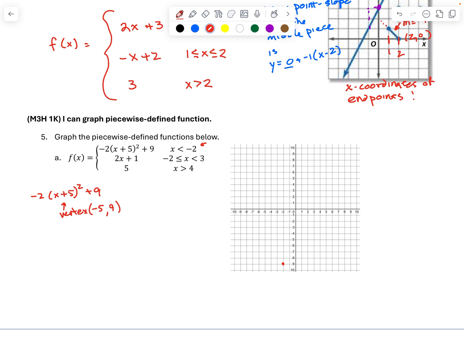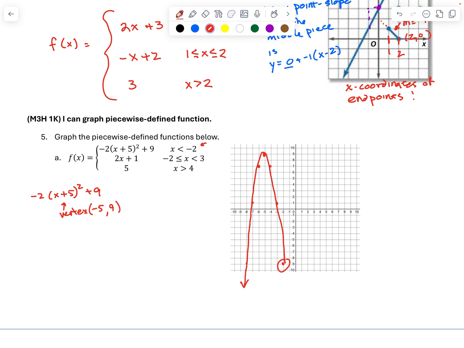Trace at -2, you get -2, -9. And then trace at -3, you get -3, 1. -4, 7, -5, 9. If you plot points, just don't forget that you have to stop here. You can't go past this point. This one can go down, but you do have to have a stopping point at -2.